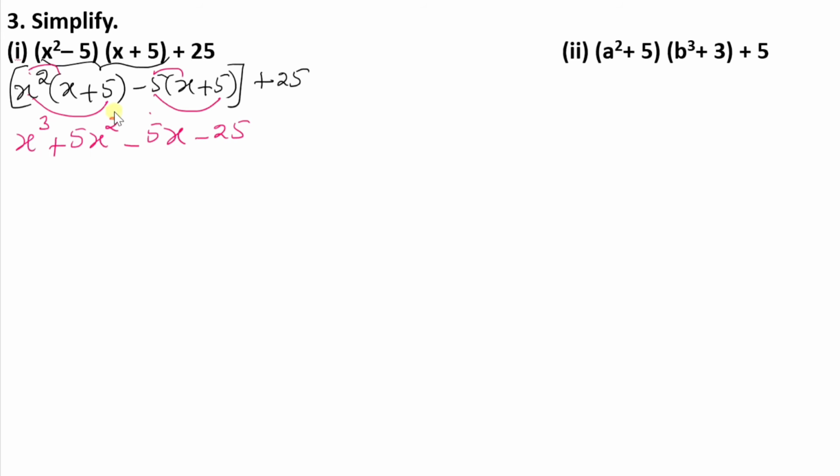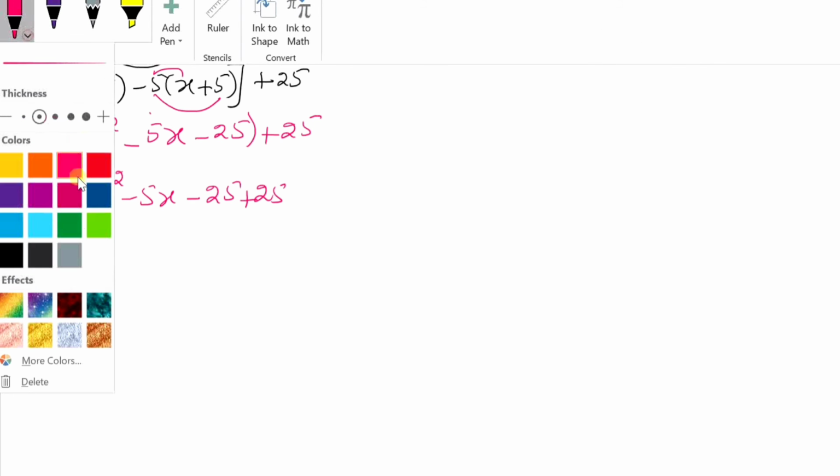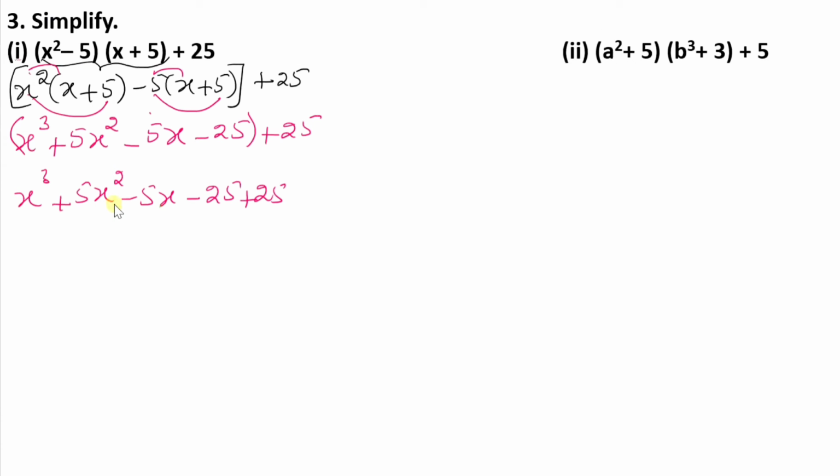So this is the product of these two binomials. So for that you are adding 25. So it is x cube plus 5x square minus 5x minus 25 plus 25. Now minus 25 and plus 25 will get cancelled.